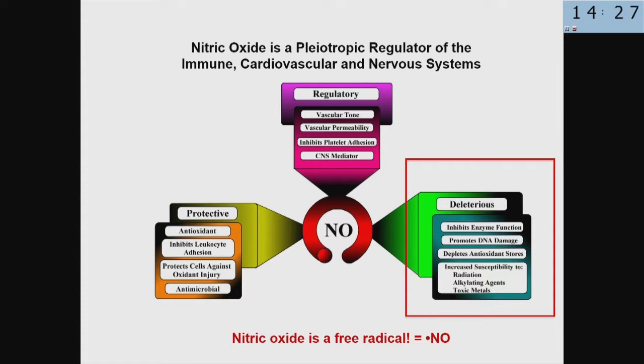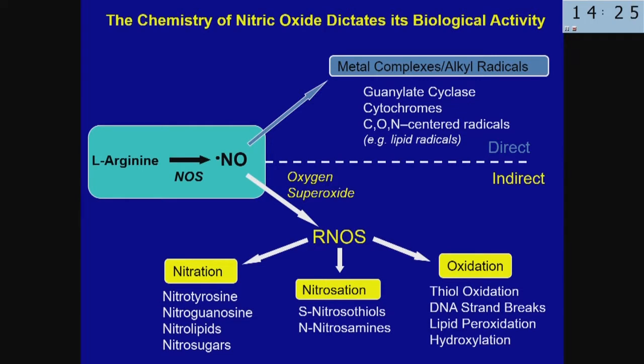Much of this shift has to do with the fact that under normal conditions, NO goes into the upper pathway, which is reversible reactions with heme proteins, such as guanylate cyclase and cytochrome oxidase, and these are reversible formations of nitrosyl iron complexes, leading to stimulation of guanylate cyclase or transient inhibition of cytochrome oxidase, and this is physiology.